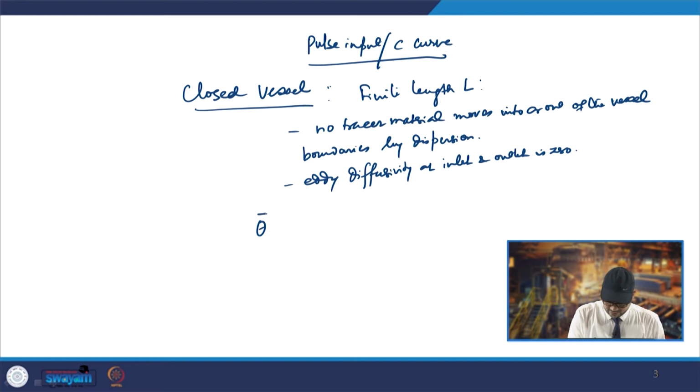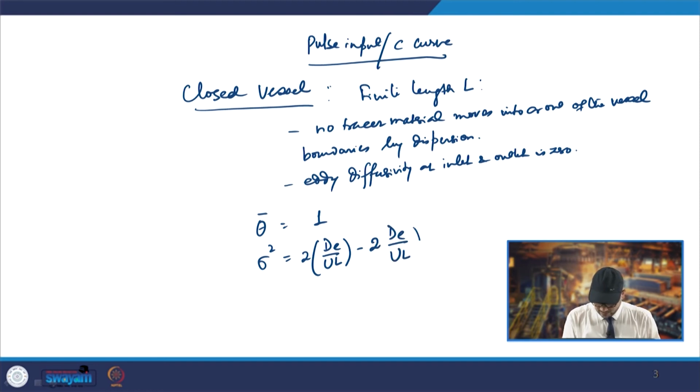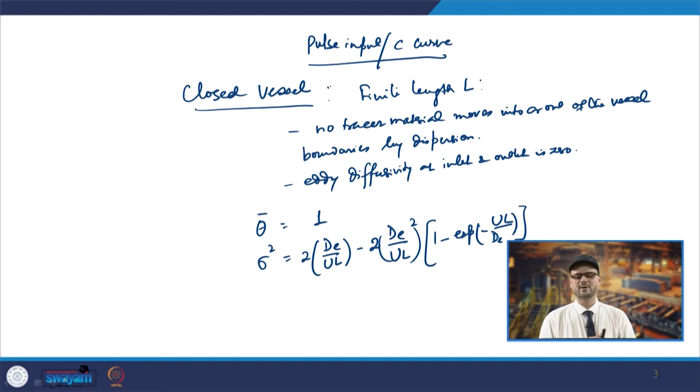You get mean theta bar as 1, and the variance sigma squared of this family of curves, if you solve it numerically, is 2 times dE by UL, minus 2 times (dE by UL) squared times 1 minus exponential of minus UL by dE. That is the numerical solution that has been reported for the closed vessel.